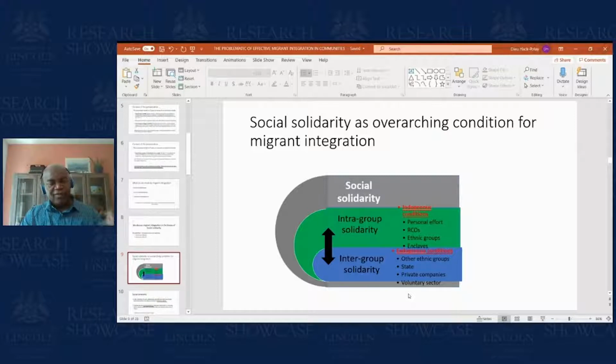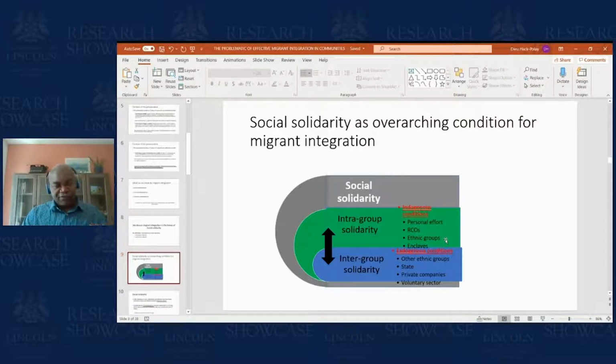They either take individual actions, they become courageous, and they come out there to express their individuality and contribute. This can be done either through personal effort or through help that a more experienced migrant gives to another. I talk about migrant community organizations here, and about established ethnic groups, and the enclaves will also be instrumental to some degree in the integration of migrants.